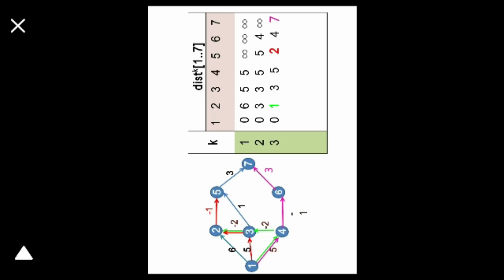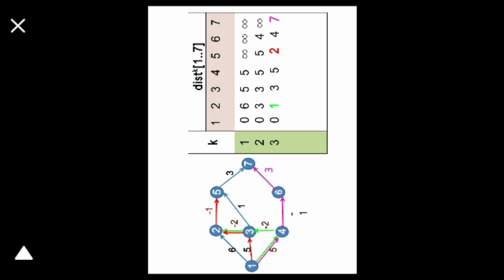Now from source 1 to source 1, that is 0, already done. Source 1 to vertex 2 with 3 edges, we can see that in violet and green color, 5 minus 2 minus 2, how much, 1.